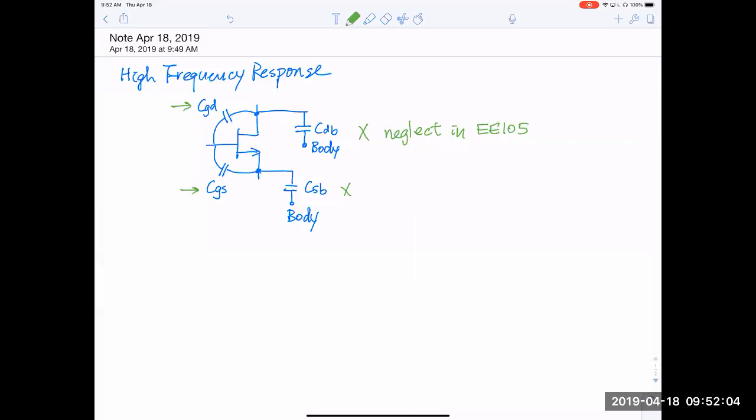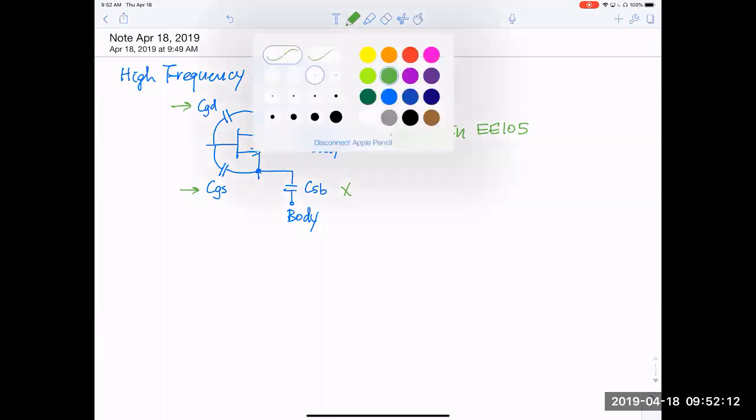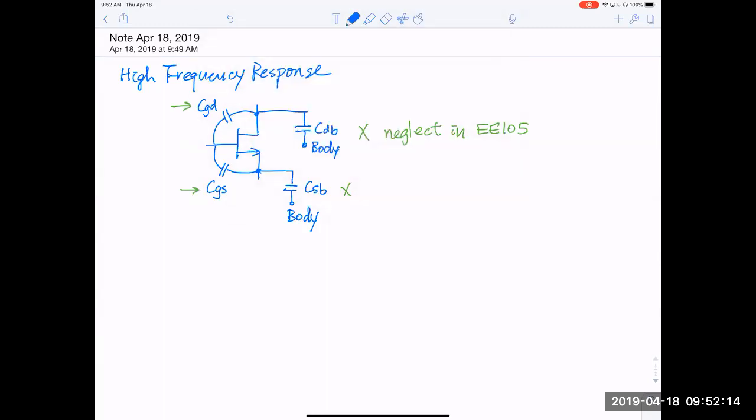One way to characterize how fast the transistor is, we often use a parameter called FT, okay? FT of a transistor. What is FT?